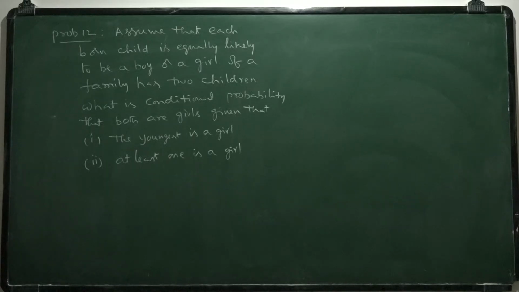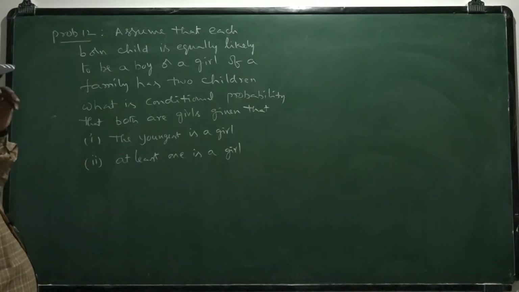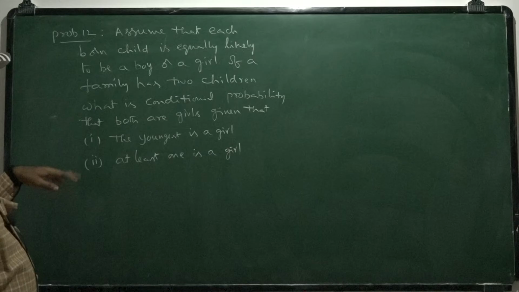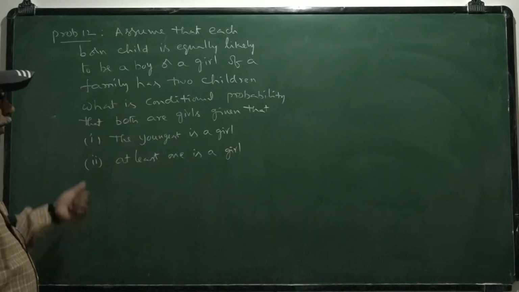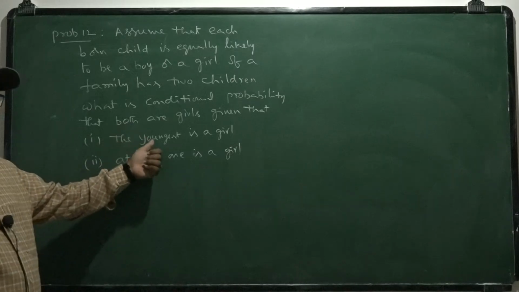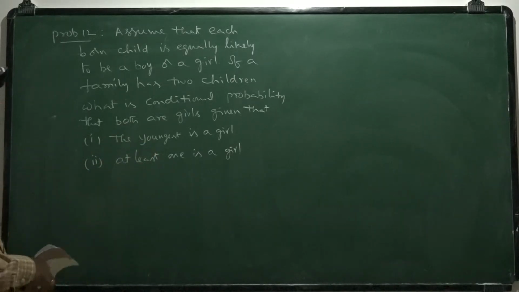Now we have to find the conditional probability that the family has two girl children, both are girls, given that the youngest is a girl in one case, and in the other case, at least one is a girl.